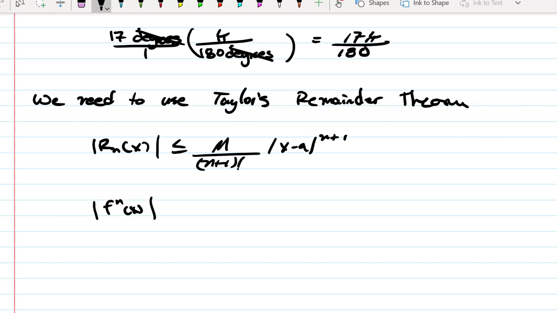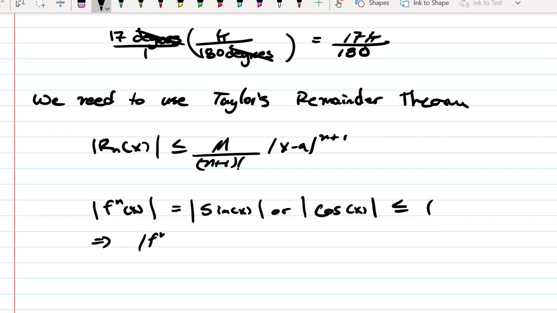So that's going to be equal to either the absolute value of sine x or the absolute value of cosine x, and both of those are less than or equal to 1 always.